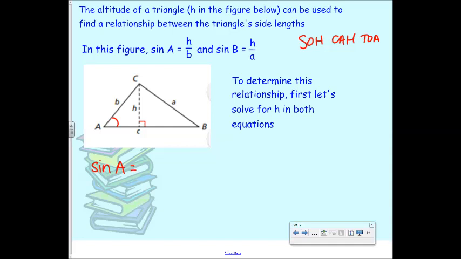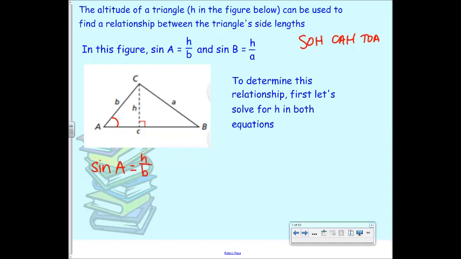H over, not C. Why is it B? Because if I'm looking at this, it looks like C is the hypotenuse of the triangle. How come sine of A is H over B then? What triangle are we really talking about here? We're talking about the smaller triangle, right? So sine A is H over B.